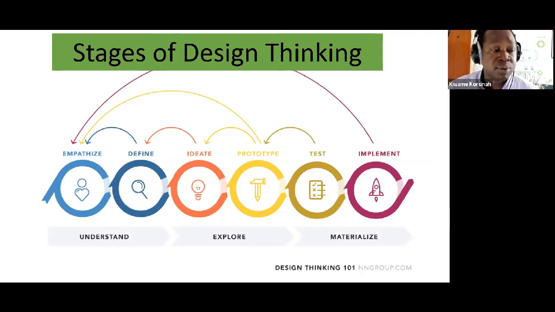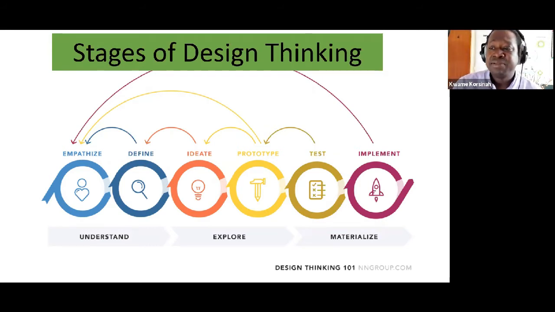Each stage enables us to understand the problem, explore the problem, and then materialize a solution that would work for the customer. Pre the empathy phase, we want to know whom we are working for. In the empathize and define stage, we are understanding the problem, and we can always go back to the empathize, define, ideate stages, even when we are in the latter stages. So it's an iterative approach to solving problems, not a stage-gated approach.